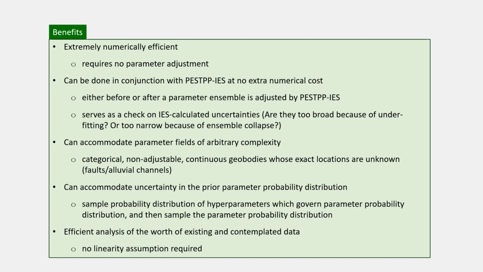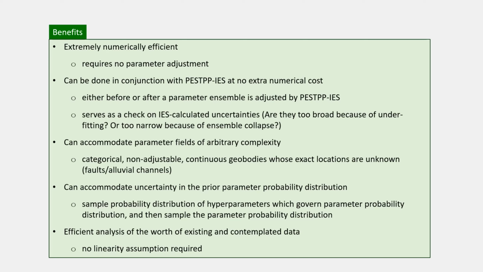And then with DSI we can accommodate uncertainty in the uncertainty. Often we're not exactly sure what the prior parameter probability distribution is, so we can introduce so-called hyperparameters that govern the shape of the prior parameter probability distribution.